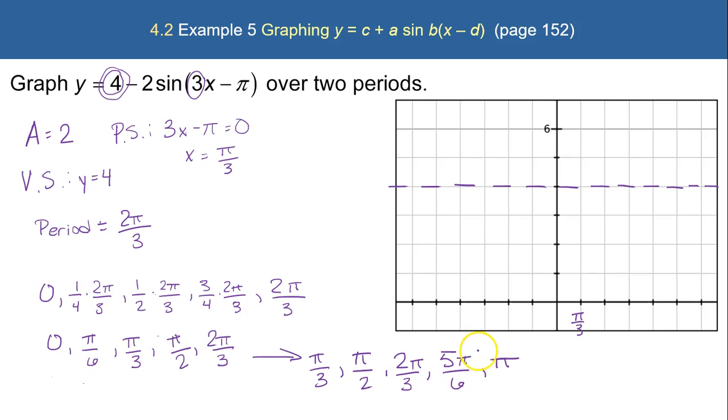Okay, now to label our x-axis with the values that we have here that we're going to be plotting. Let's see. We have pi over 3.